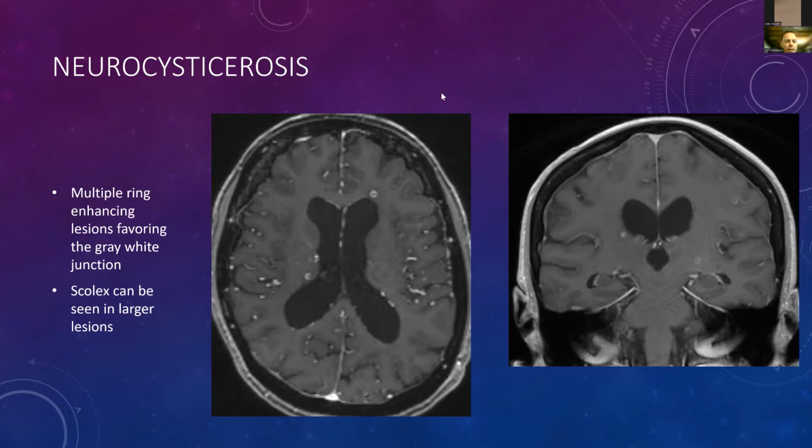I wasn't able to find a case where you could see a scolex, which would be the larger portion of the organism, but fortunately these patients are treated before those organisms can develop into that later stage. And of course, you can also see this pachymeningeal thickening along there.